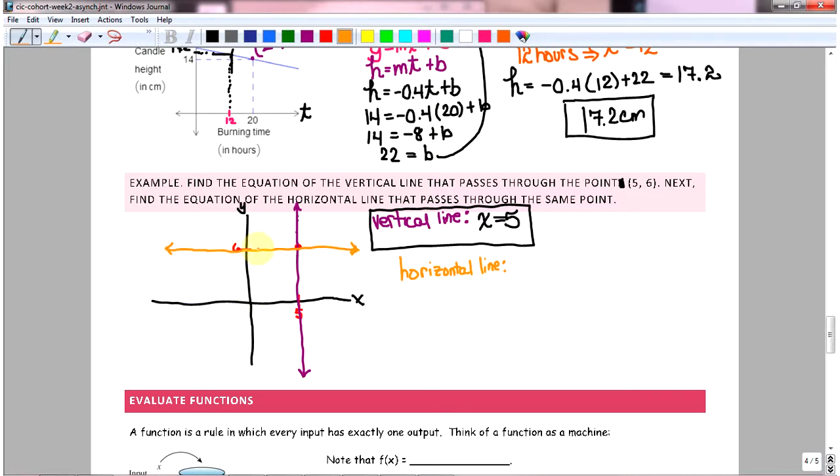So the equation of a horizontal line is always going to be in the form y is equal to whatever number you're given, and in this case, the y value is 6. Okay, so every vertical line will have an equation x equals the number that the line goes through, the x value. A horizontal line will always have the format y equals whatever the number is that the line goes through, the y value.